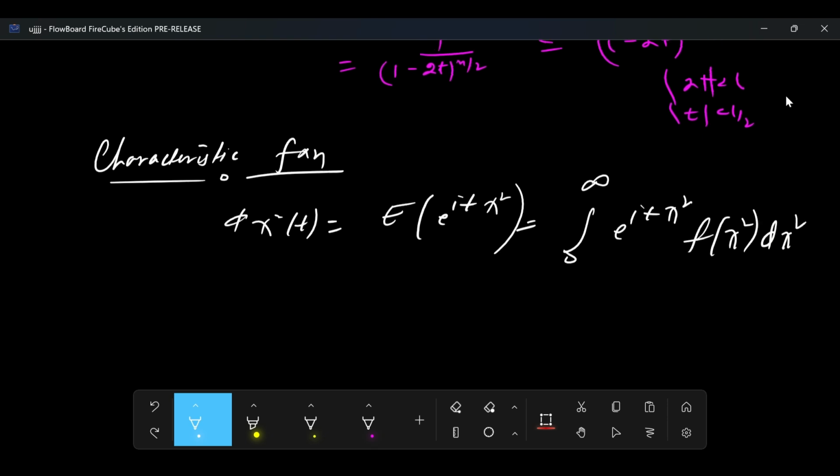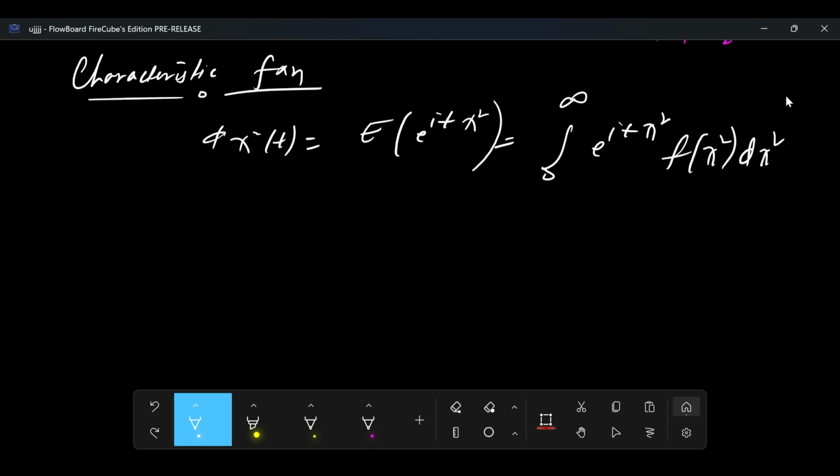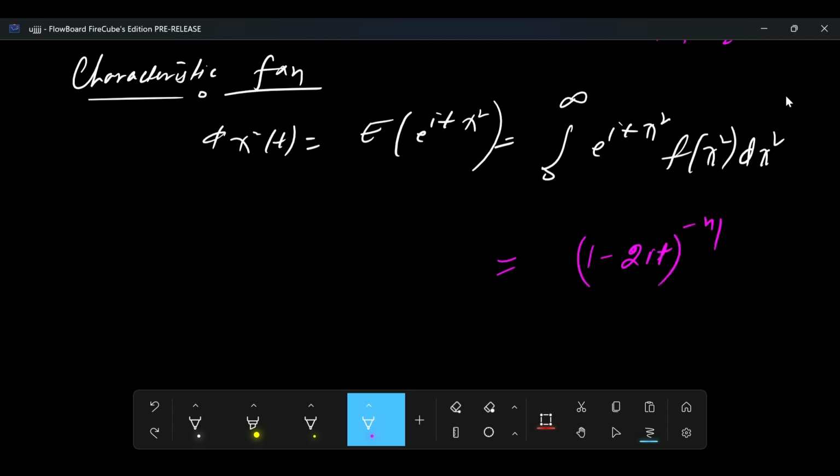And simply using the gamma integral, you will finally get 1 minus 2it to the power minus n by 2.